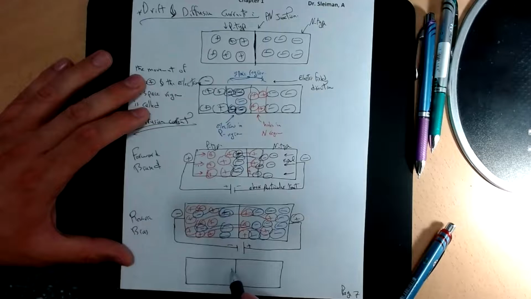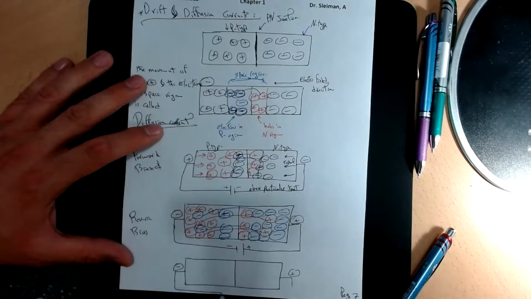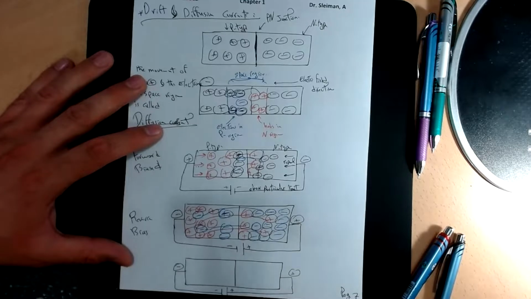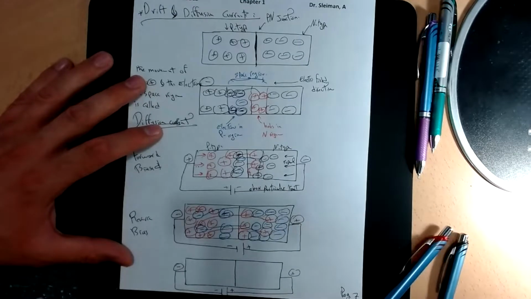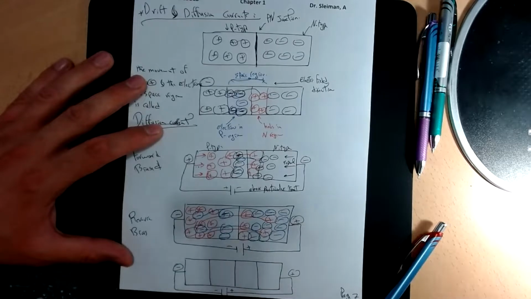Last case, when we have a negative here and a positive here, but not high voltage, just a regular voltage, whatever is required for this to happen. Most likely this will separate into 4 regions.